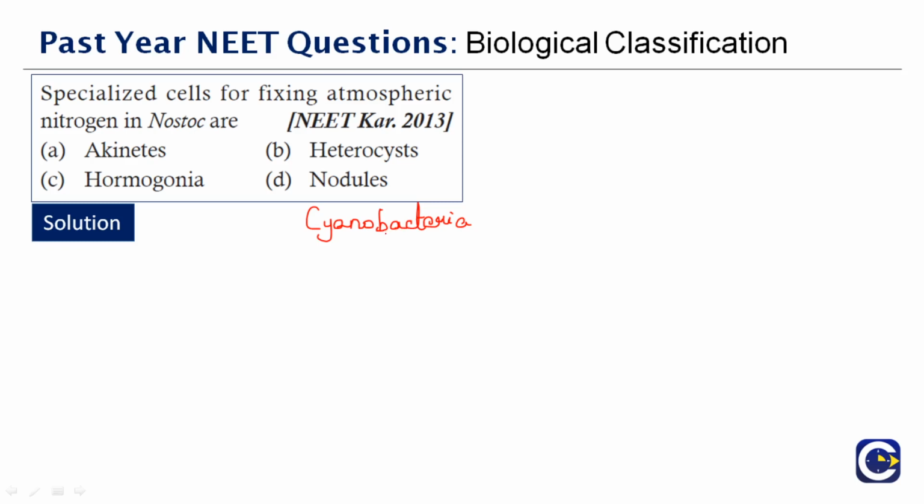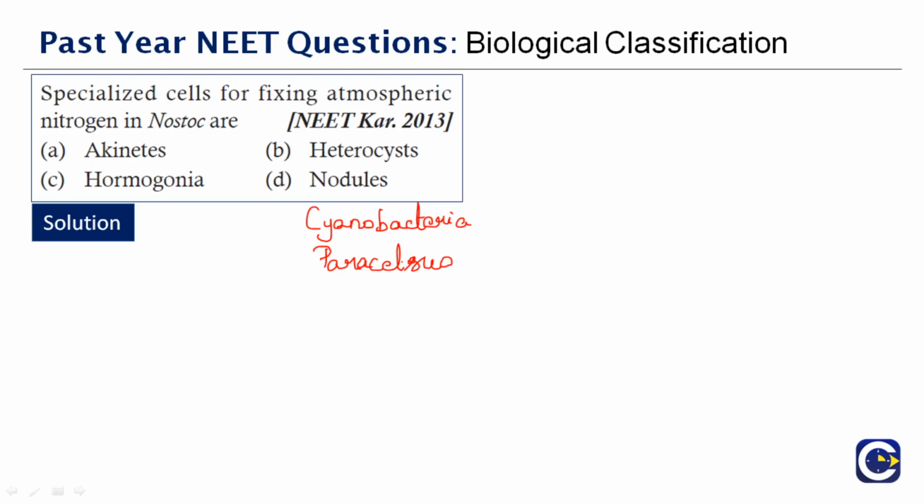The name Nostoc was coined by Paracelsus. Nostoc can be found in soil, in moist rocks, at the bottom of lakes, springs, and sometimes rarely in marine habitats. What you have to know here is the use of Nostoc before we go into the answer.